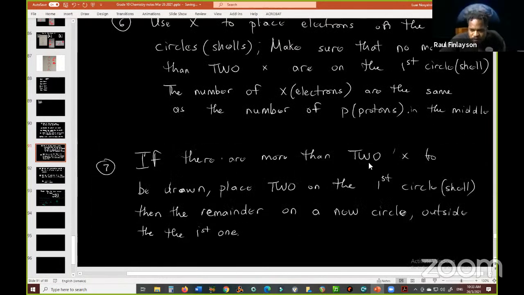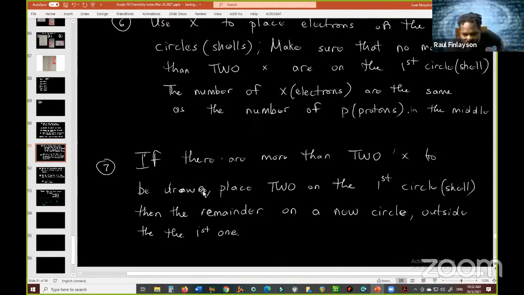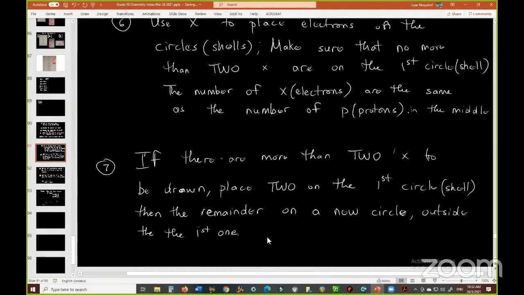So who can read this now? If there are more than 2 X to be drawn, place 2 on the first circle or shell, then the remainder on a new circle outside the first one.